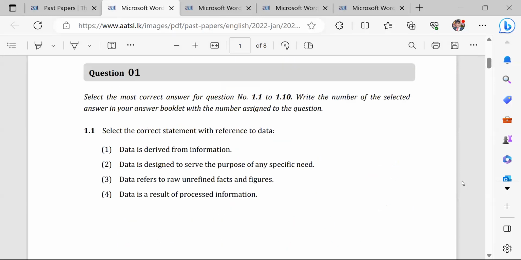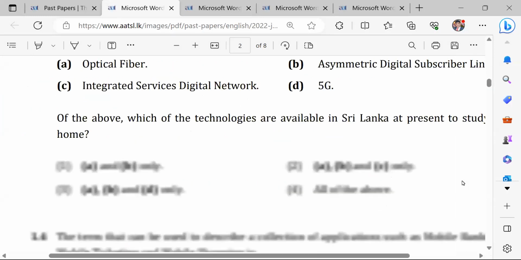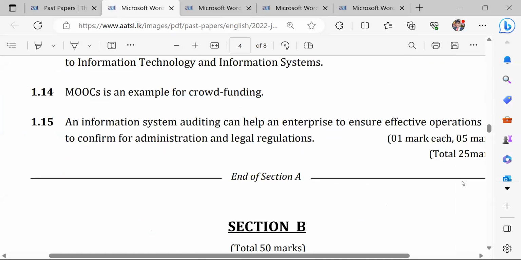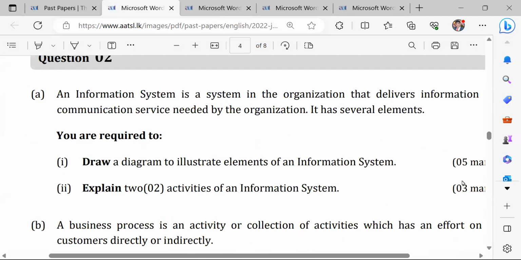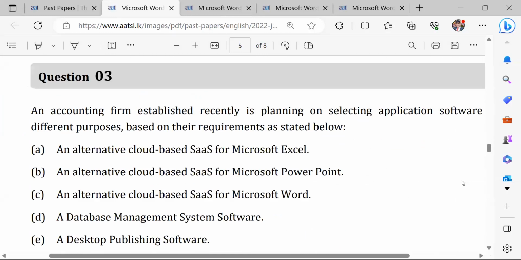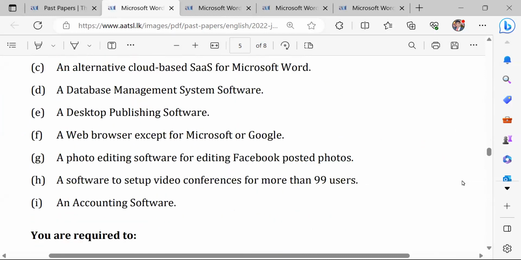See, he's asking about data and information. Draw a diagram to illustrate an information system. Most probably the second question is related to information systems, and this type of thing you have to expect.